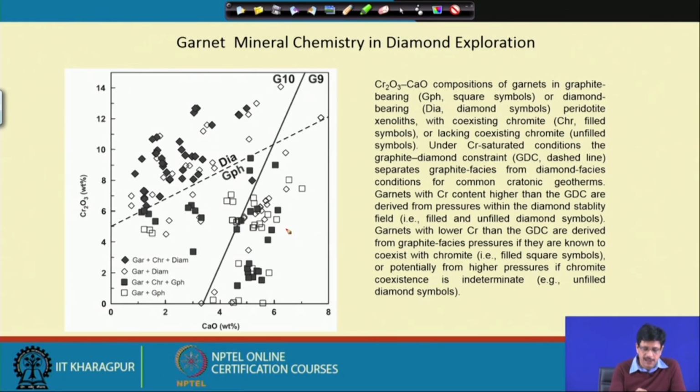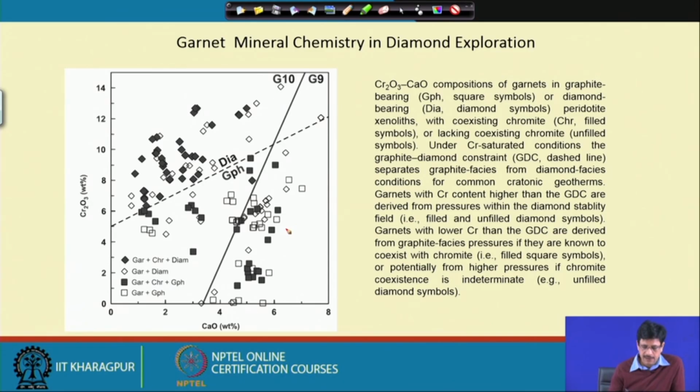This analysis is now plotted on a Cr2O3, chromic oxide, versus calcium oxide weight percent plot. We get this from the electron probe microanalyzer, the details of which I am not going into. This is a very standard microanalytical technique for analysis of minerals, giving the measured oxides in weight percent and also sometimes elements occurring in trace amounts of several tens of ppm.